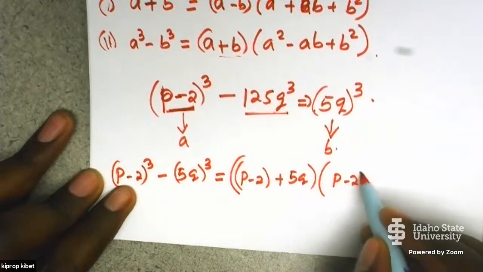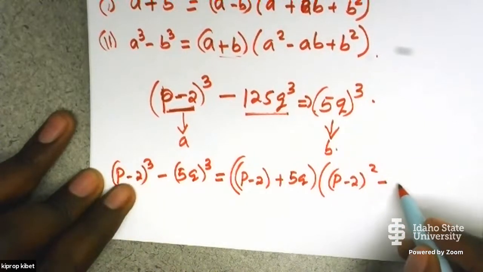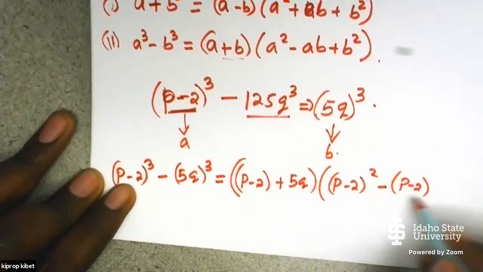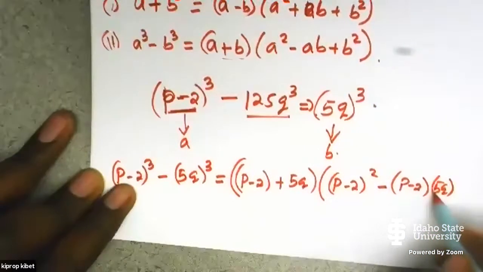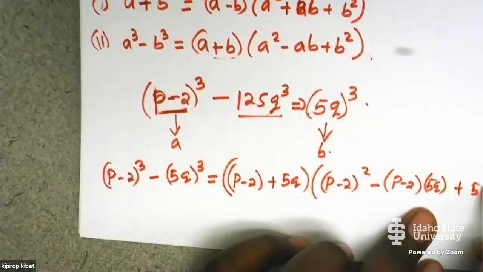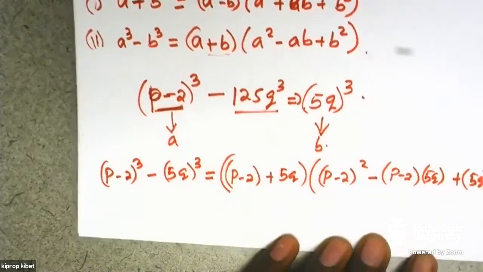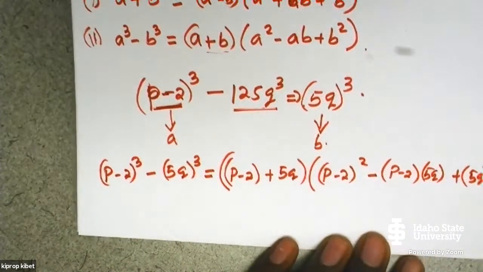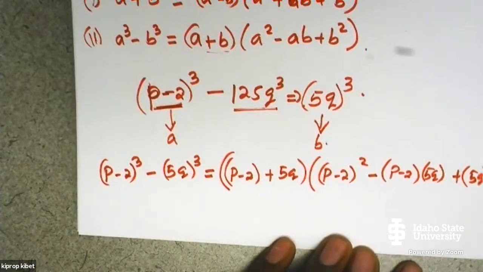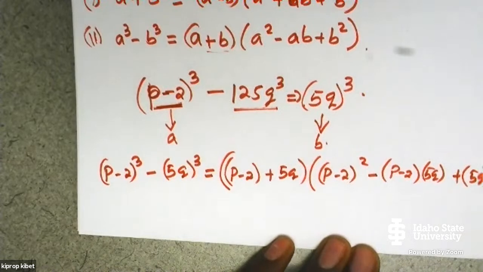P minus 2 square minus our A is P minus 2, our B is 5q, and then plus our B is 5q square. So you can actually simplify, or you can leave it like this. If you have time, you can simplify. If you don't have any time, you can leave it there.